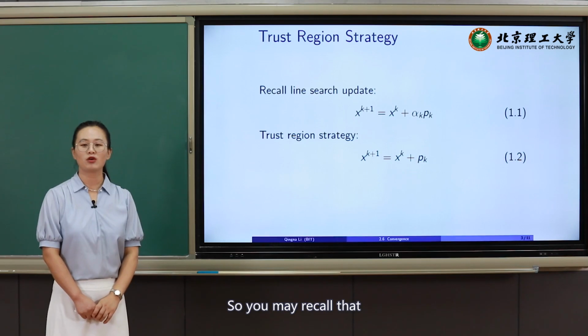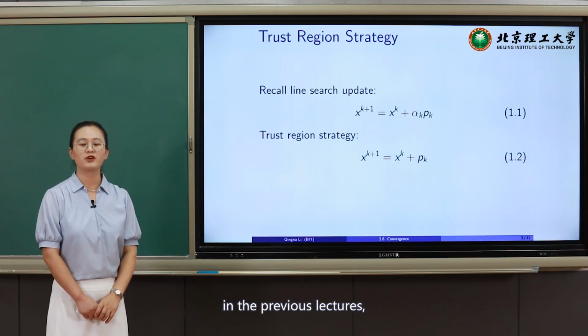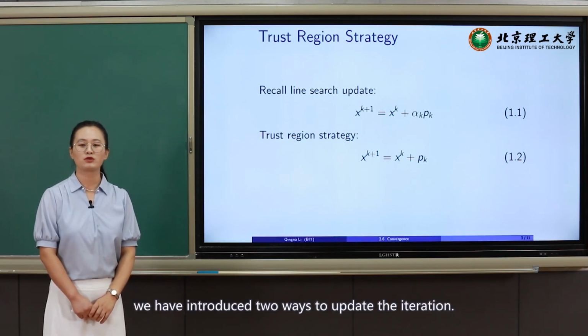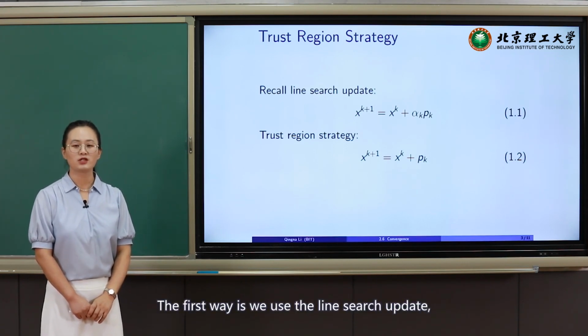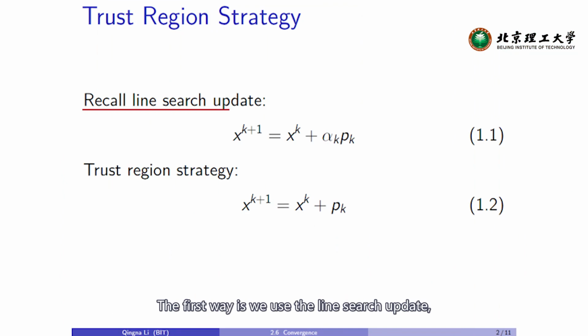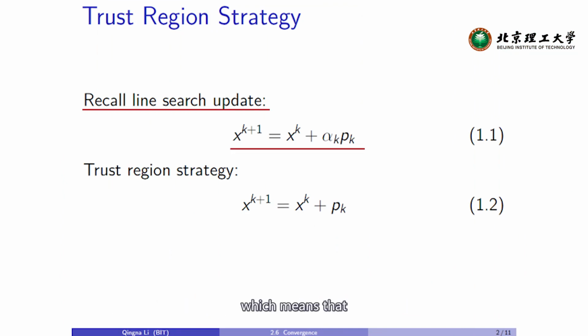You may recall that in the previous lectures, we introduced two ways to update the iteration. The first way is the line search update, which means that we first choose a direction pk, and then we choose a step length alpha k, walk along this direction by the step length alpha k, and come to the next iteration.